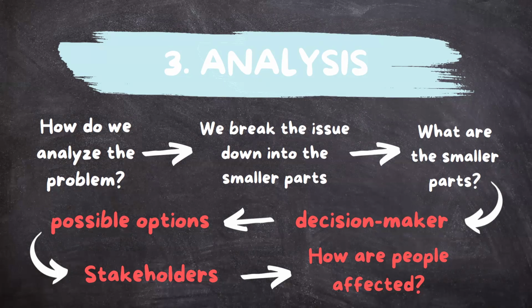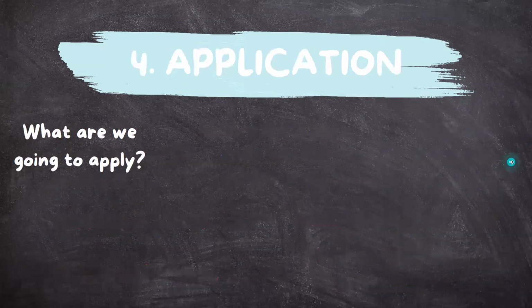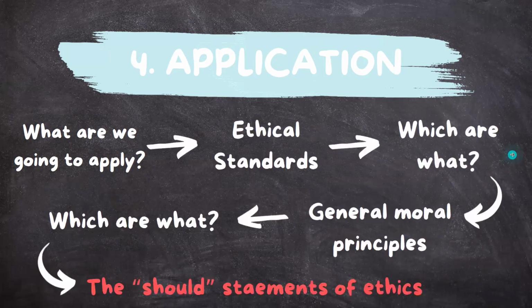And then we would run the analysis in the application process to see which of those he should do. And that would be dependent upon the theories and how they're applied and things like that. But that's how we would start to go through the process. And so then we're going to apply ethical standards and frameworks, general moral principles, to see what the should statements of ethics are.